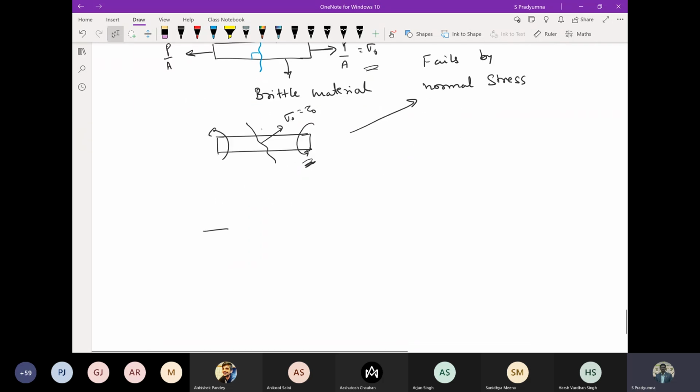So one last condition I want to discuss is this one. Let's say I have sigma naught here, sigma naught, no shear stress applied. So what will happen at 45 degrees? Or can we write the Mohr circle for this?